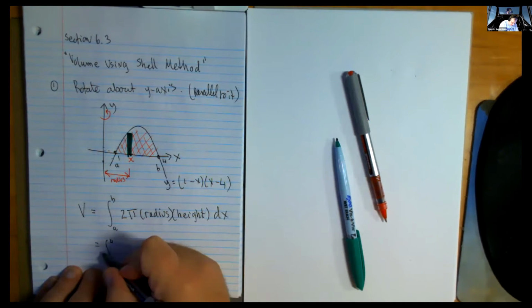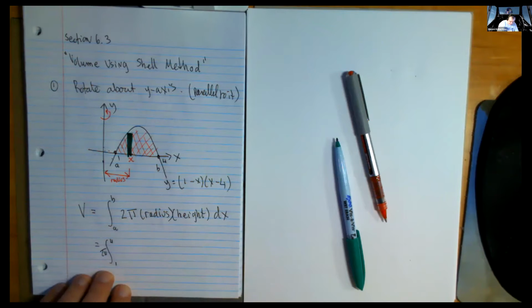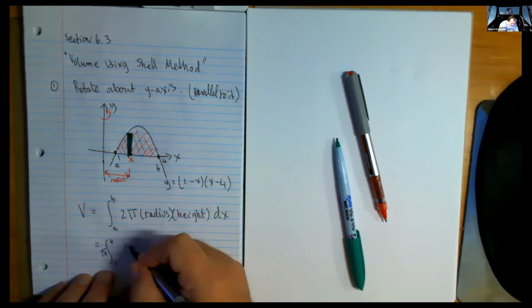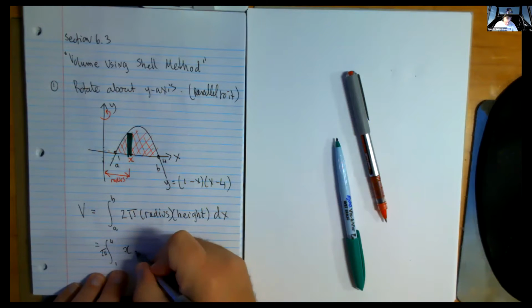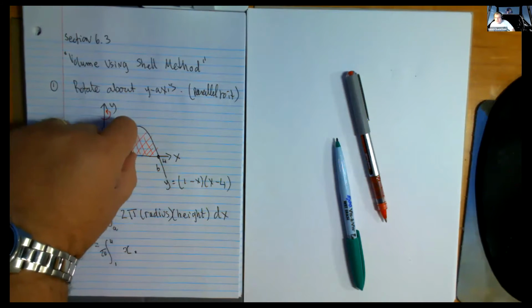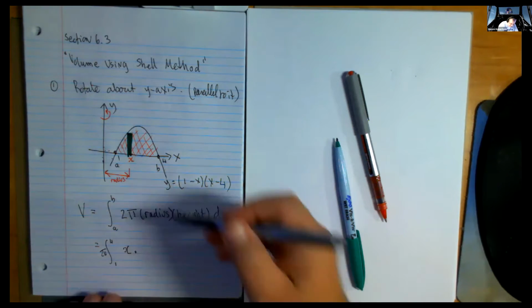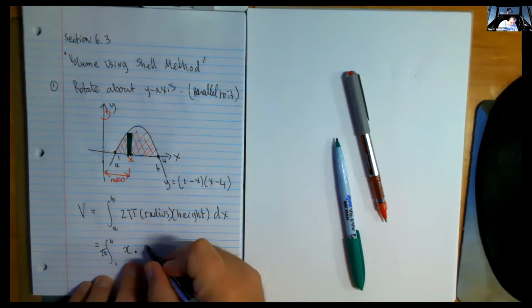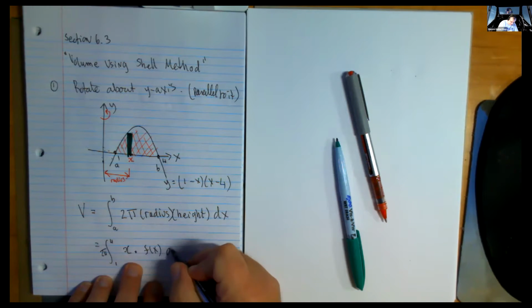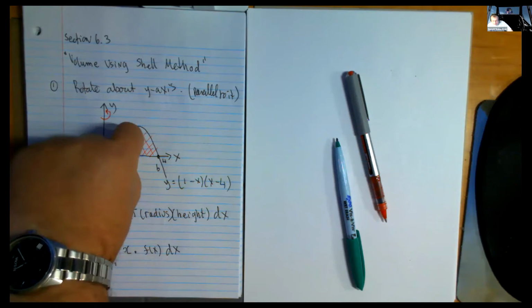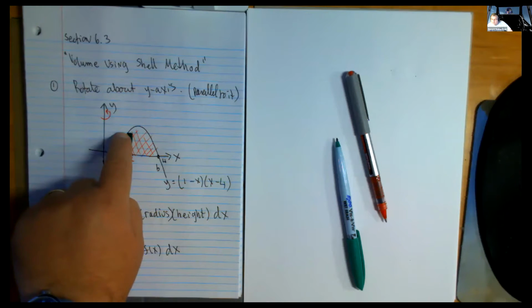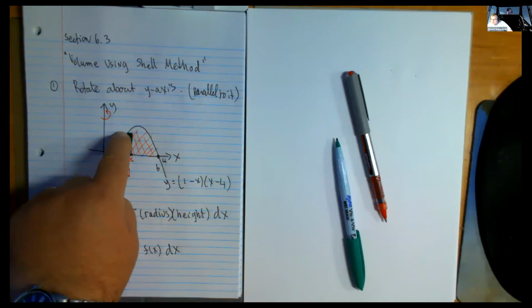I'm going to pull that 2 pi out of the way. And the radius is basically just x. And the height is the height of that rectangle. Isn't the height of that rectangle just f of x? Would you agree? The top of that rectangle is where it meets the curve, and the y equals f of x is that value.